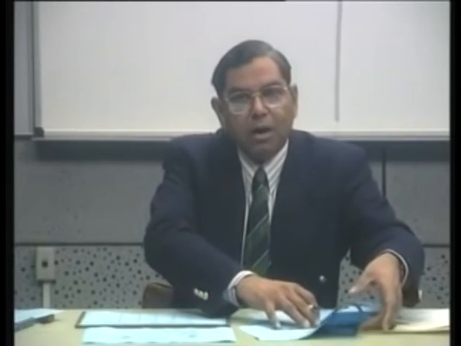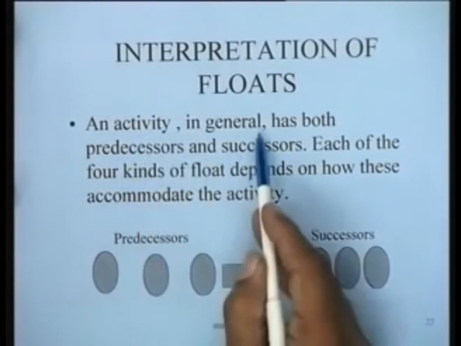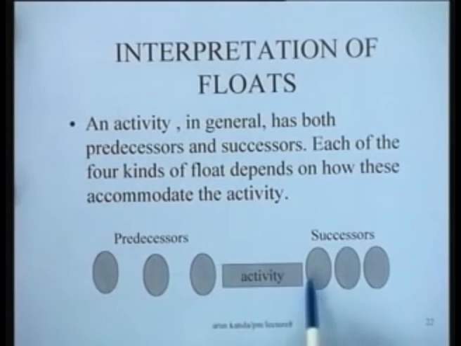Let us now talk about some of the interpretations of these floats. The important thing to note is that an activity in general has both predecessors and successors. It is like a queue of people, some before it, some after it, and the activity is to be done in between.